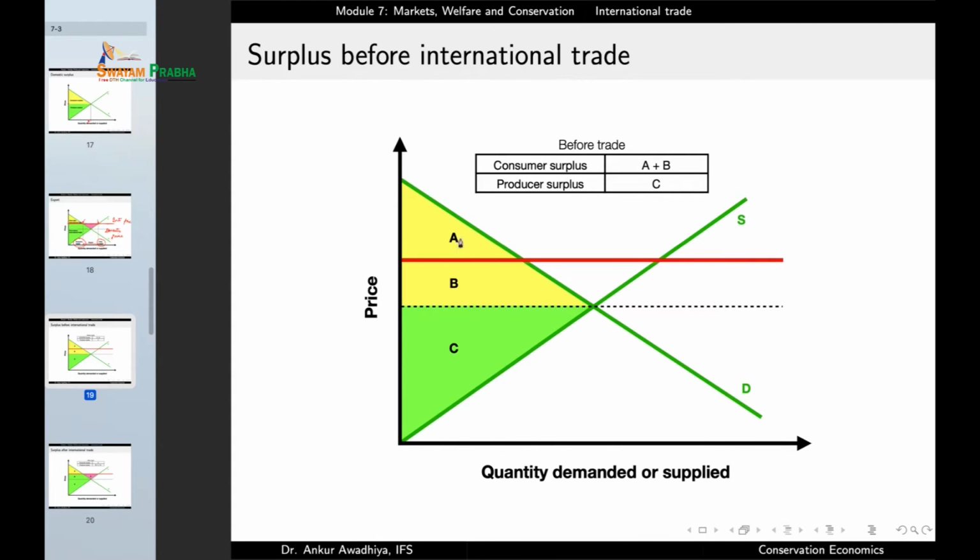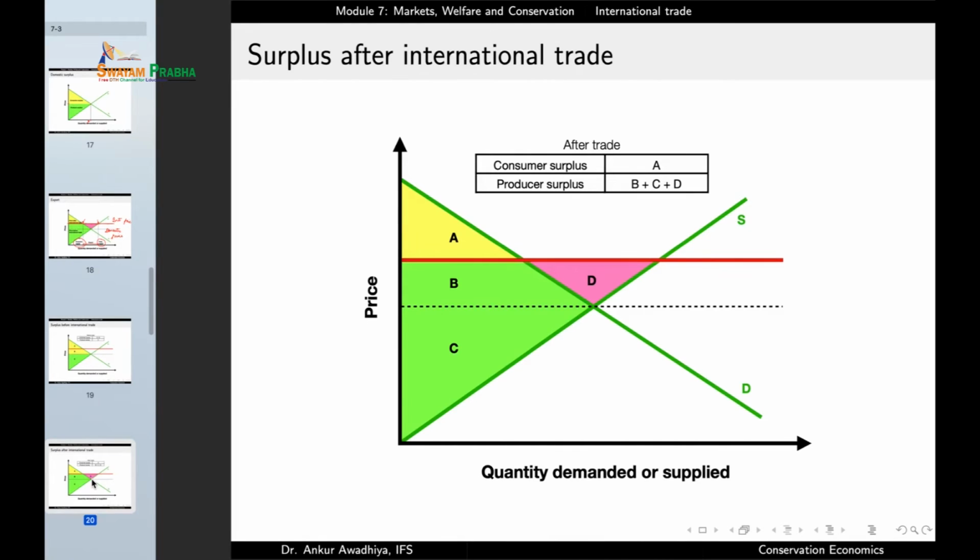And let us say that it is comprised of this portion A and this portion B. So what we are saying here is that this much portion is A and this much portion is B. We are dividing the consumer surplus into these two parts, A and B, and the producer surplus is given by this green triangle. So this is the total producer surplus C. So before the trade, this was the situation.